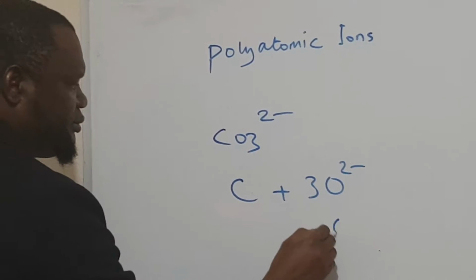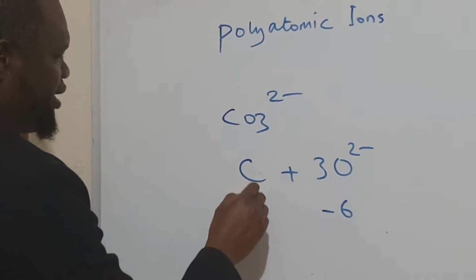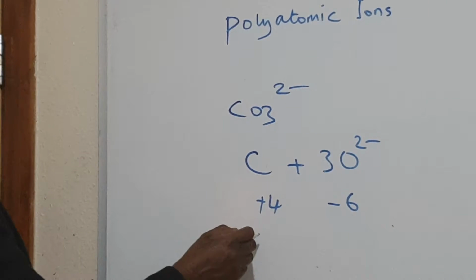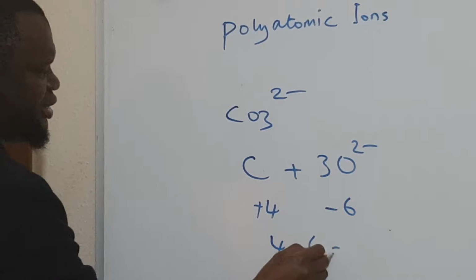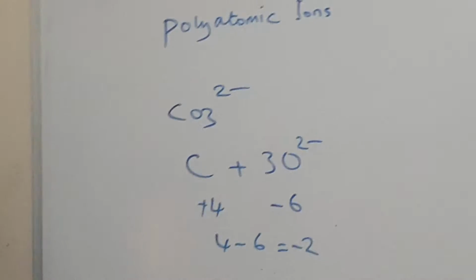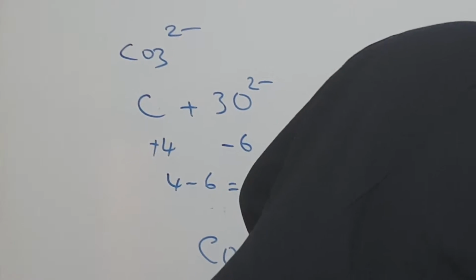And carbon is 4 plus. So 4 minus 6 is equal to minus 2. That's why CO3 is 2 minus. The same thing applies to all the polyatomic ions. You can find out why they are like that.